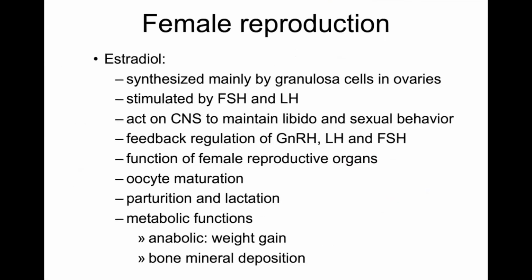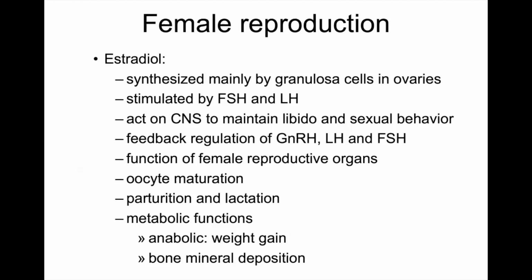Estradiol is one of the primary ovarian hormones we're going to consider in this lecture. It is synthesized by granulosa cells in the ovaries, and its synthesis is triggered by follicle stimulating hormone and luteinizing hormone. Estradiol acts on the central nervous system to maintain libido and sexual behavior.